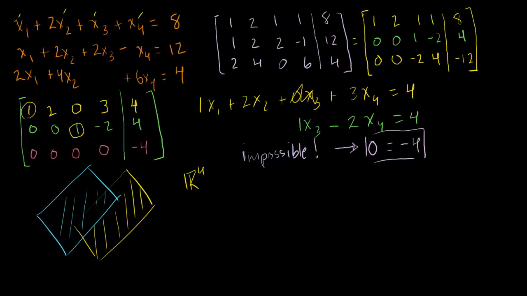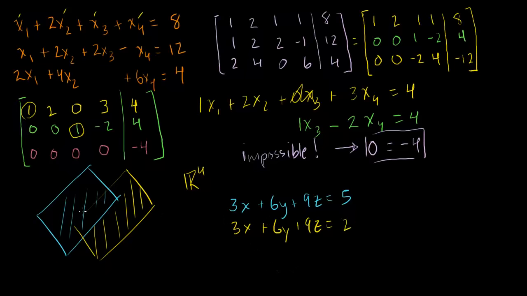Let's say the first plane was represented by the equation 3x plus 6y plus 9z is equal to 5. And the second plane was represented by the equation 3x plus 6y plus 9z is equal to 2.